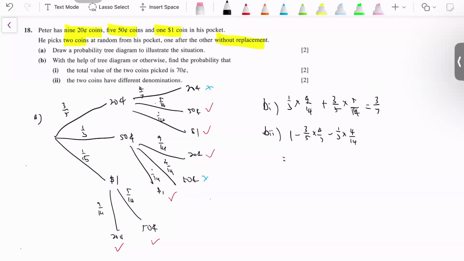And that will give us 59 out of 105. Okay, so that itself is the probability of us having two coins of different denomination.